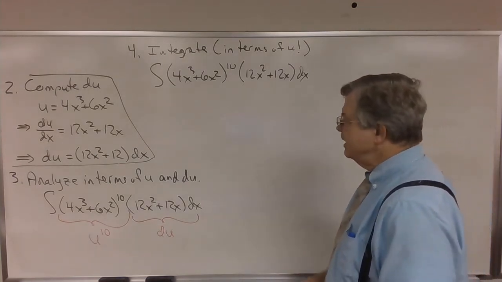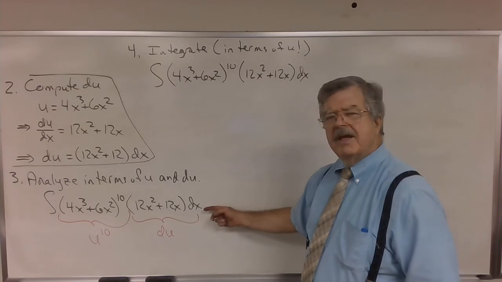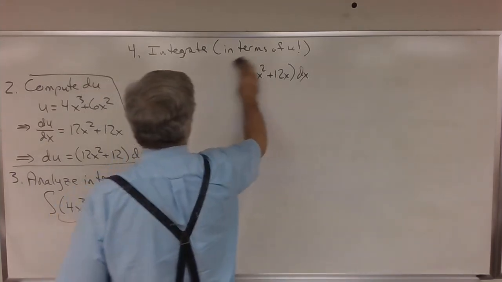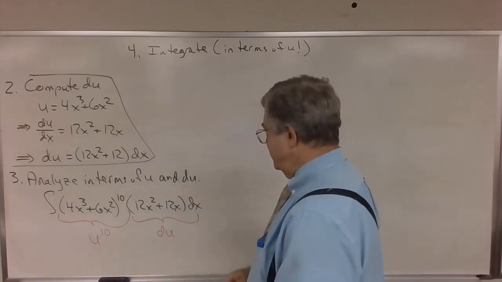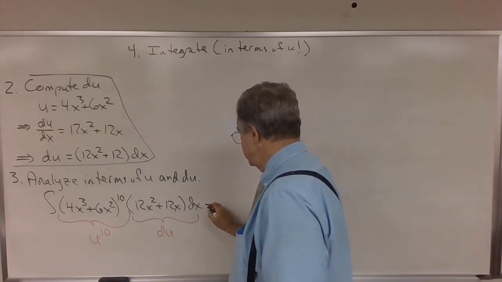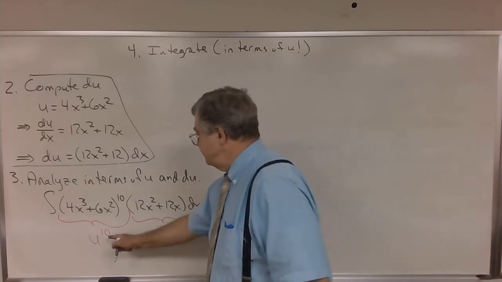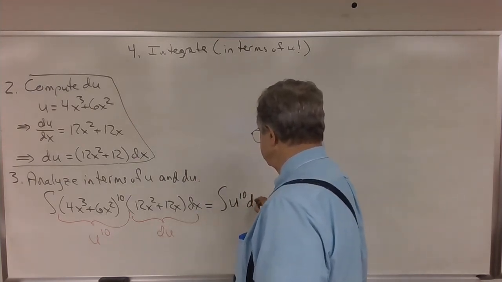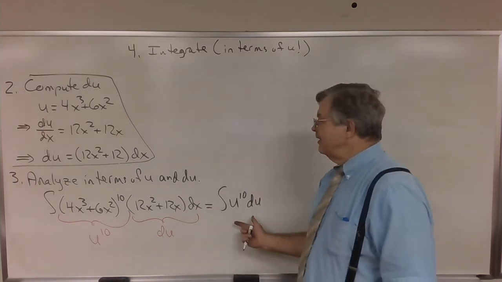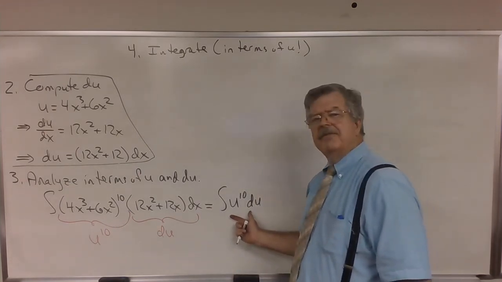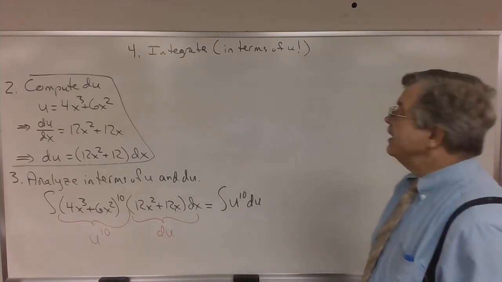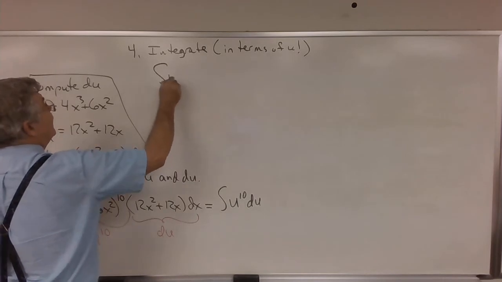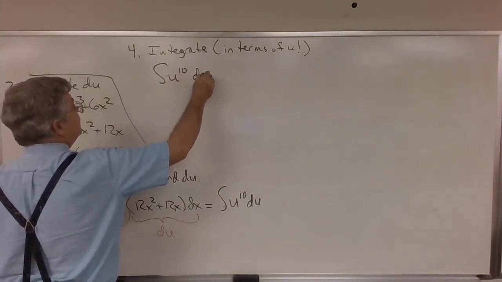Whoops. You know what? In step 3, I should have followed through here. I beg your pardon. This is u to the 10th du. So as part of step 3, I should have written this in terms of u. And now in step 4, I'll take this and integrate it in terms of u.